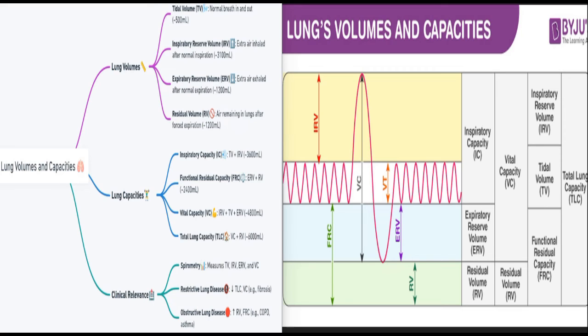Or when you have your FEV1 FVC ratio at 62%, which is below the lower limit of normal, which is 70%, then you can think of an obstruction or obstructive lung disease.